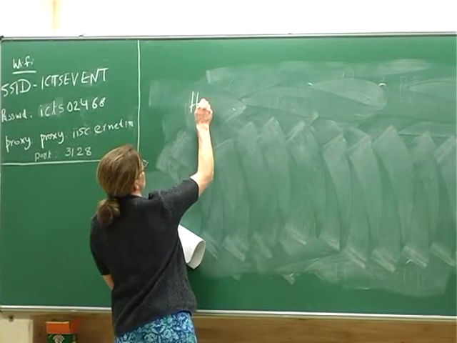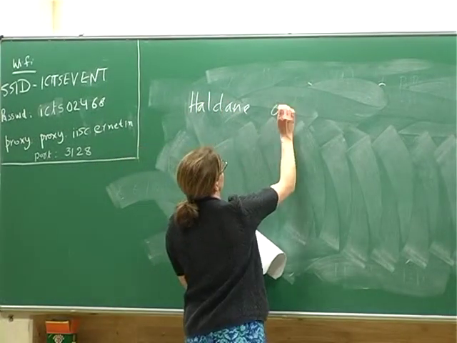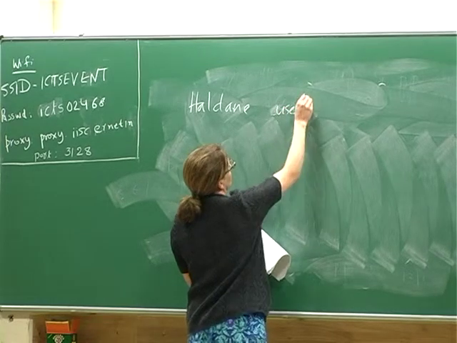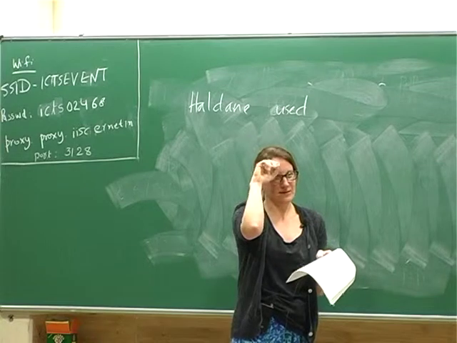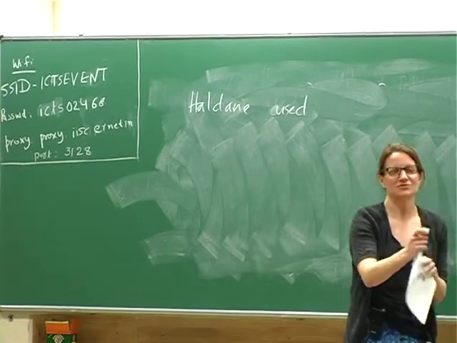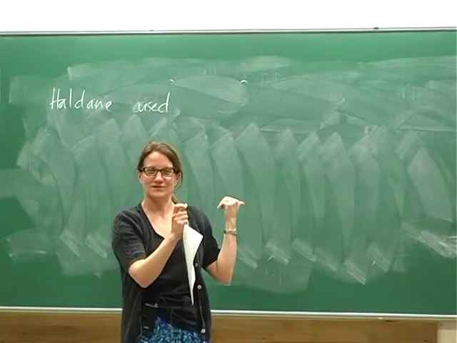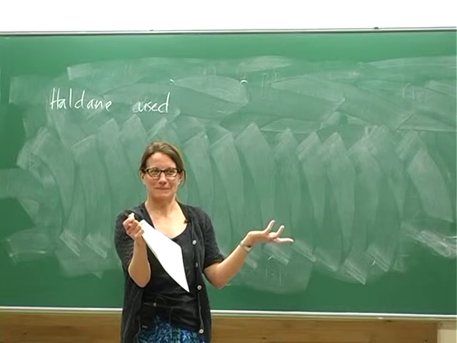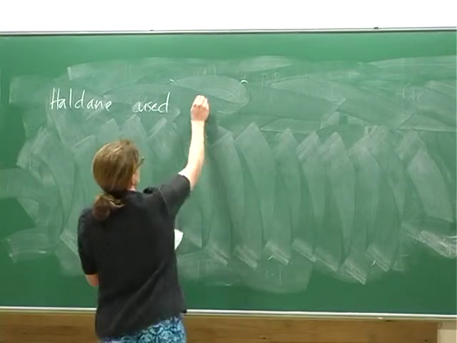And Haldane used our favorite offspring distribution. So I'll give you one guess. You get 3 guesses and the first 2 don't count. What probability distribution did Haldane assume for his offspring distribution? Poisson, yeah, exactly. So he used the Poisson distribution.